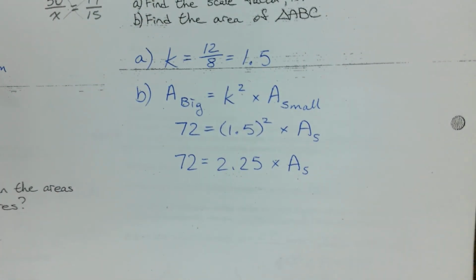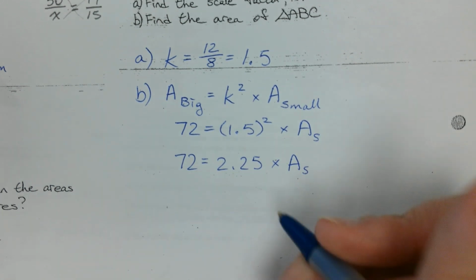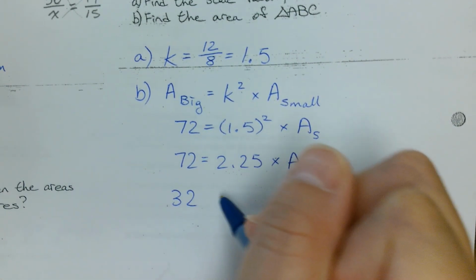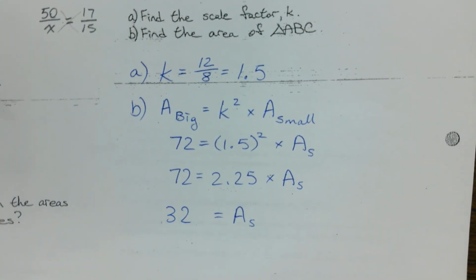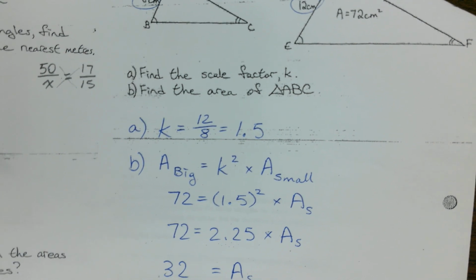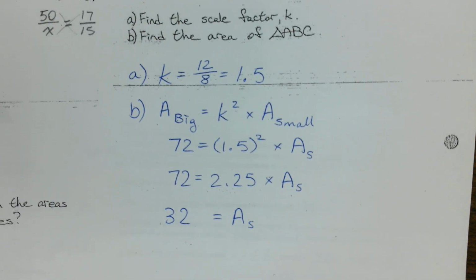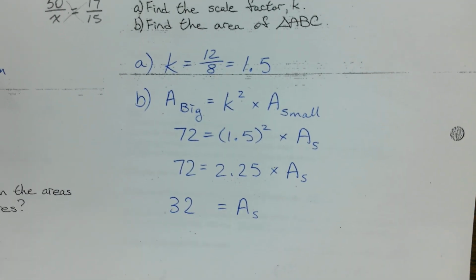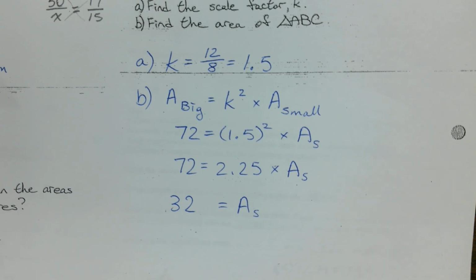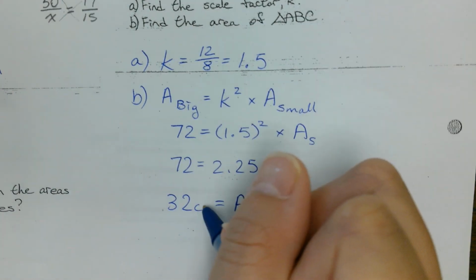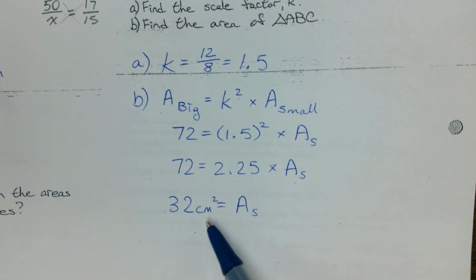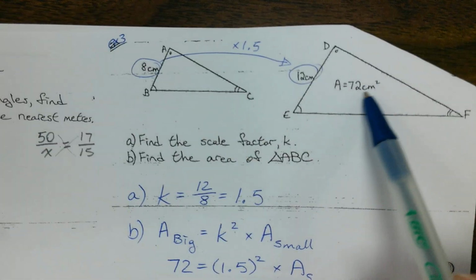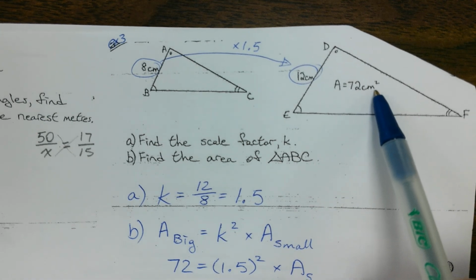So when you divide, 72 divided by 2.25, you get 32. What's my unit? Centimeters squared, perfect, because it's area. And I know it's centimeters, not meters, because this triangle was given in centimeters squared.